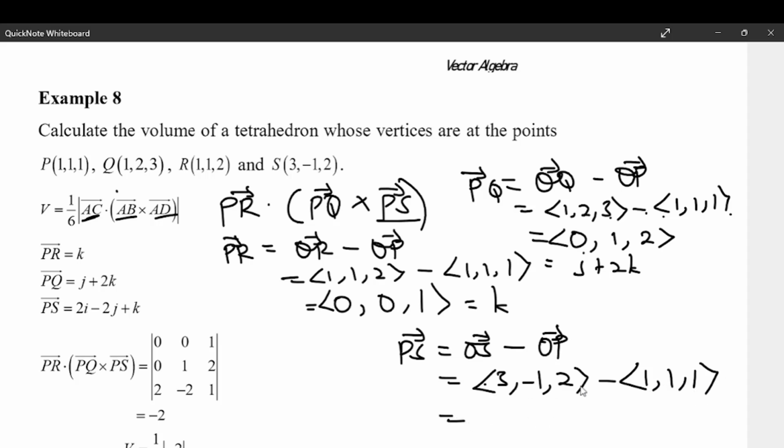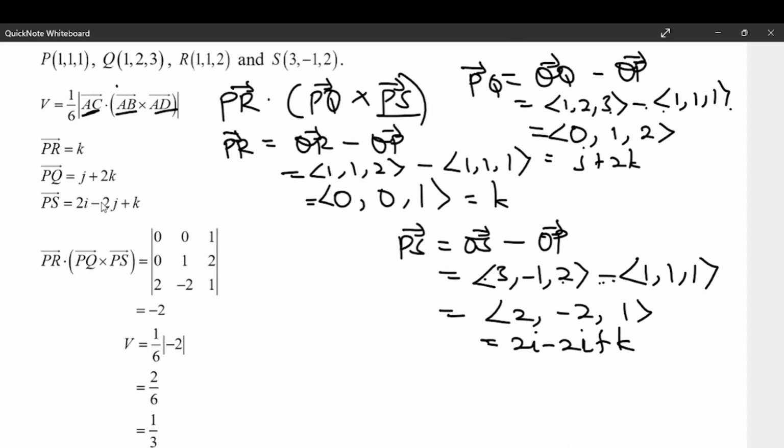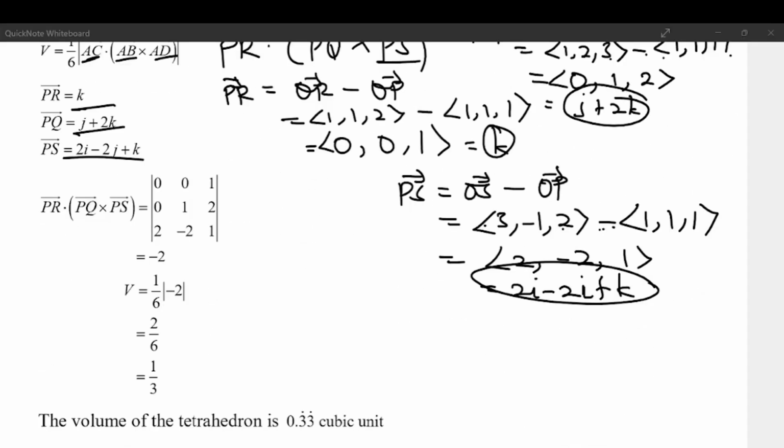And for that matter, 3 minus 1 is 2, negative 1 minus 1 is negative 2, 2 minus 1 gives us 1. So we are going to have 2I minus 2J plus K. Okay, so we have 2I minus 2J plus K for the last one.